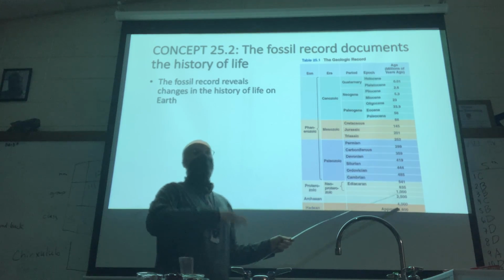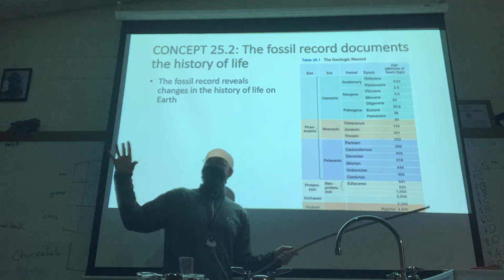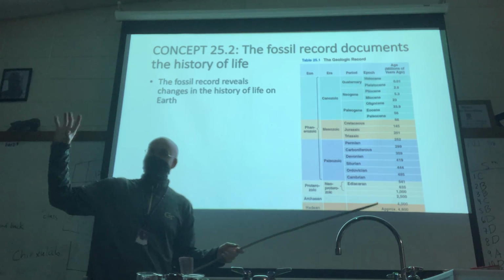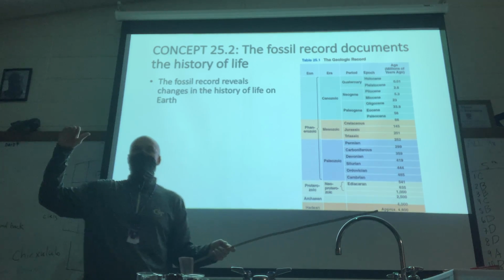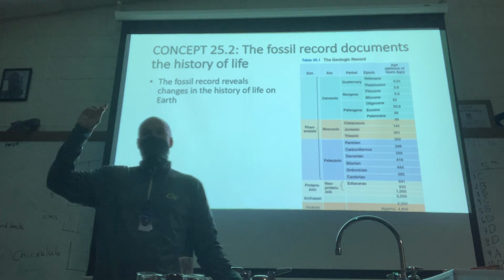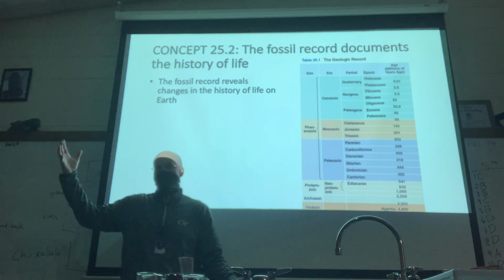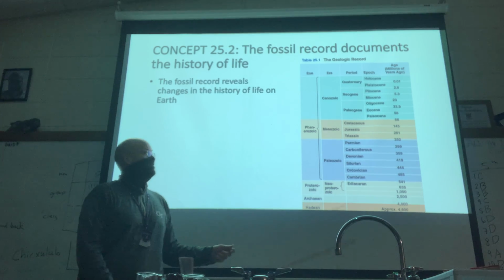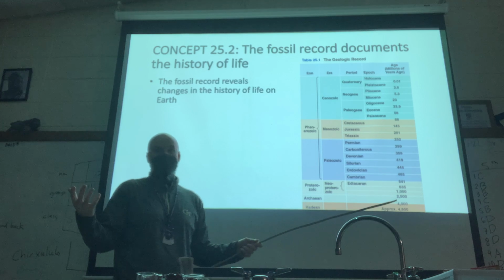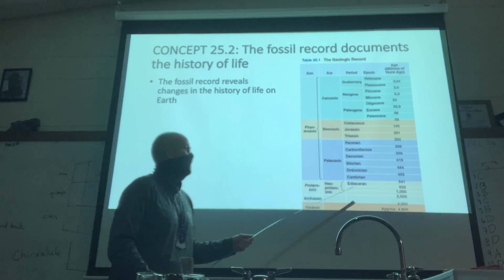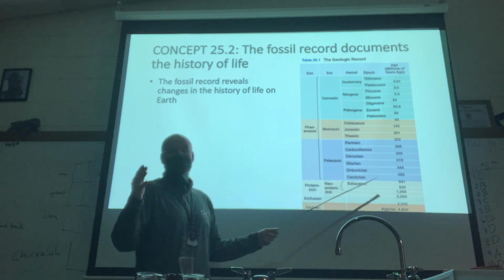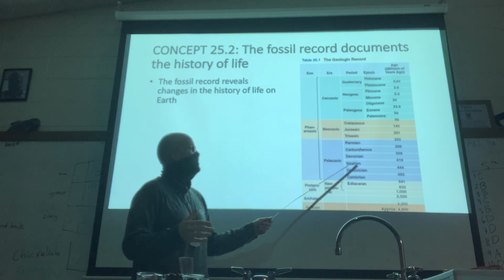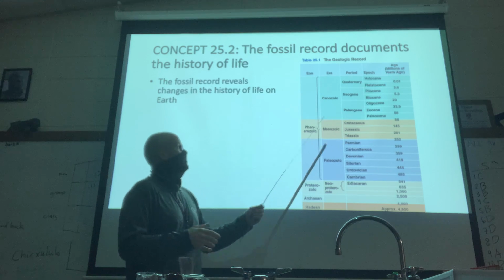But around the world, there are many different kinds of rock layers that you can find, and usually they contain a very specific set of fossils. So what geologists have done over the last 200 years or so is classify rock layers around the world into these different layers.